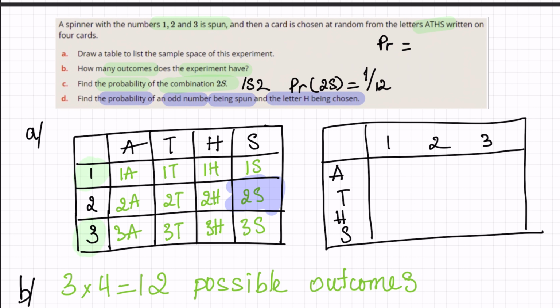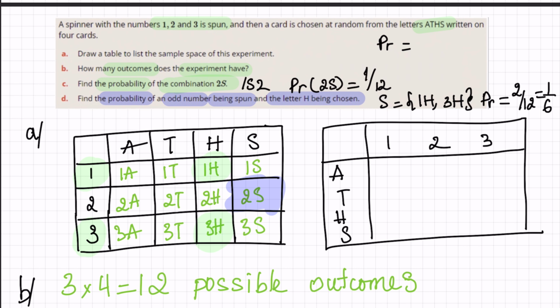We're choosing both of them with H, so I have 1H and 3H. So the sample space is 1H, 3H. 2H is not odd, so it doesn't count. So the probability of this one is 2 out of 12, which equals 1 over 6. So that's how we solve the question.